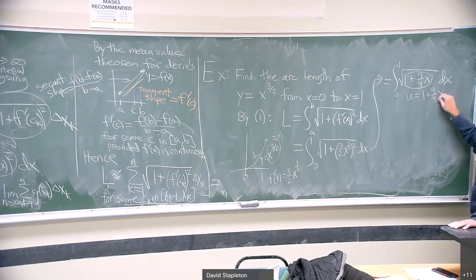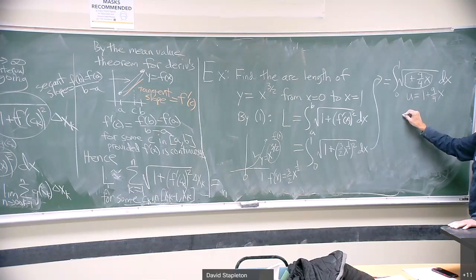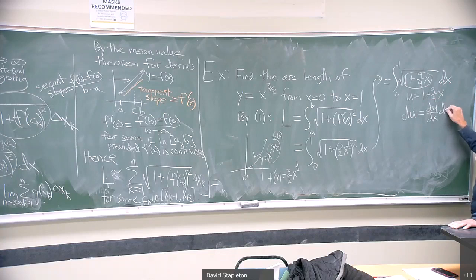I'll let u equal 1 plus 9/4 x. Then it'll be square root of u instead of square root of this, right? So maybe I'll get an easier integral. But if I'm going to do that, I have to also substitute out dx in favor of du, where du is the derivative of u dx, right? So what is that? Derivative of u is just 9/4, right? 0 plus 9/4 times 1. So this is 9/4 dx.